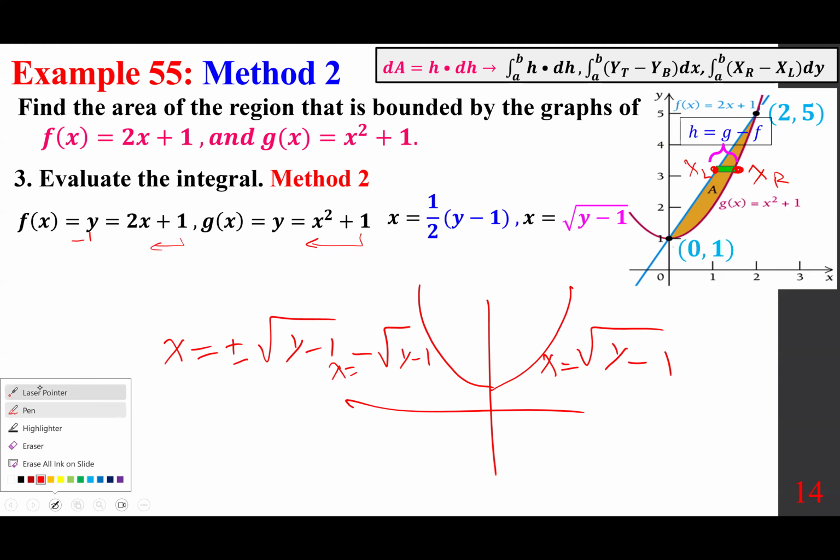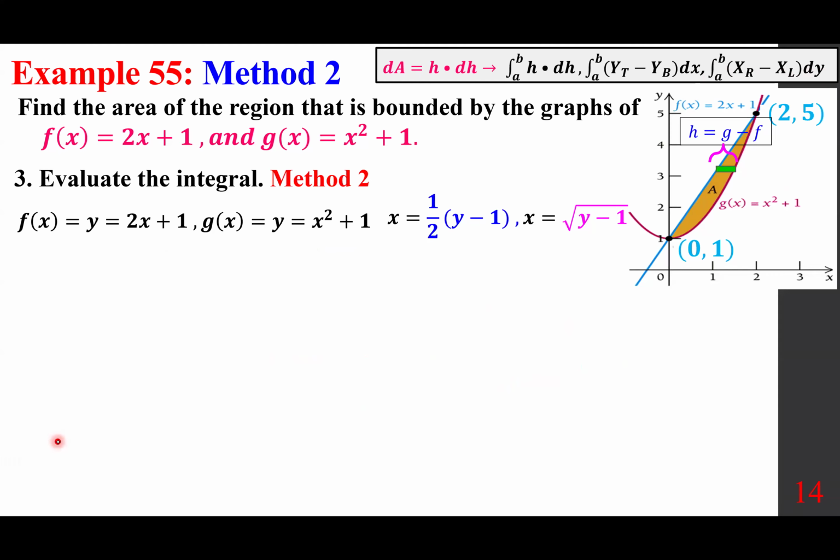And so we are going to go with the integral from a to b of x sub right minus x sub left dy. On the right side is the curve, square root of y minus 1, minus, on the left side is the line, half of y minus 1, and then dy.